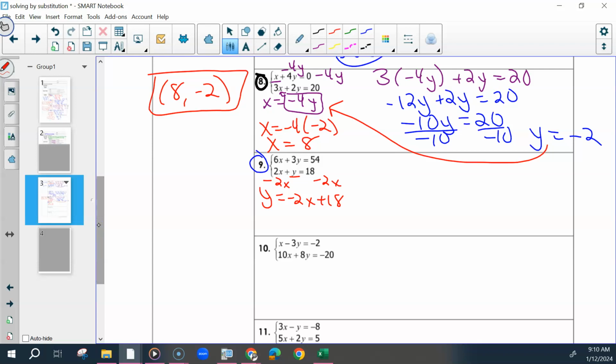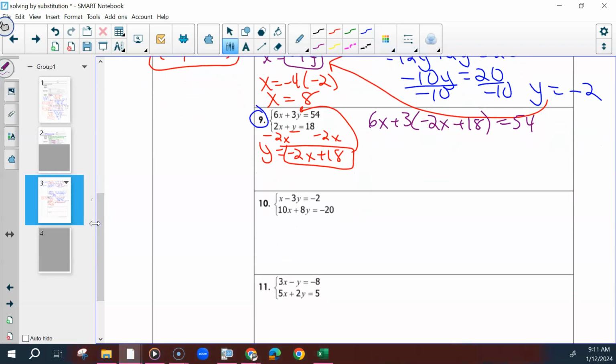Take that expression and put it into y of the first equation. So we have 6x plus 3 times negative 2x plus 18 equals 54. Distribute.